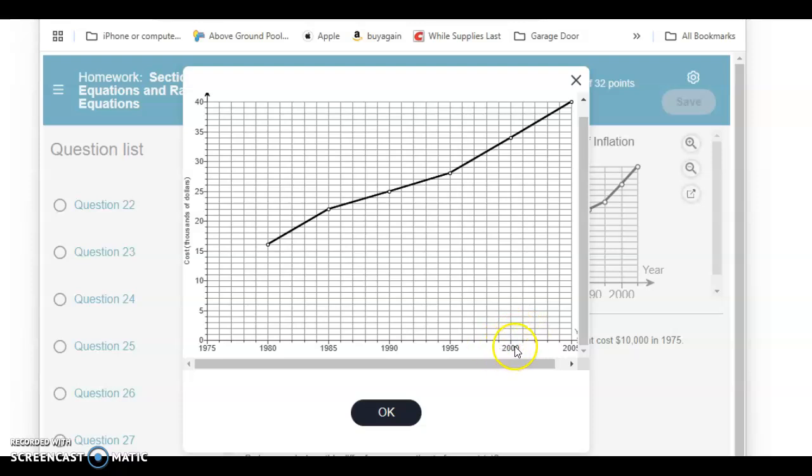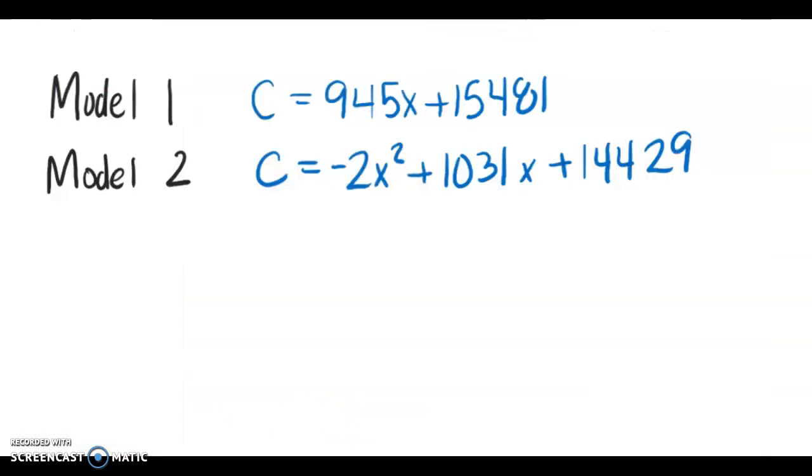In 2000, here's 2000. Let's go up to the graph and read this dot that's here. If I go over to the left, I see that that is the number 34, and that's $34,000. So I'm going to put in MyLab Math 34,000.